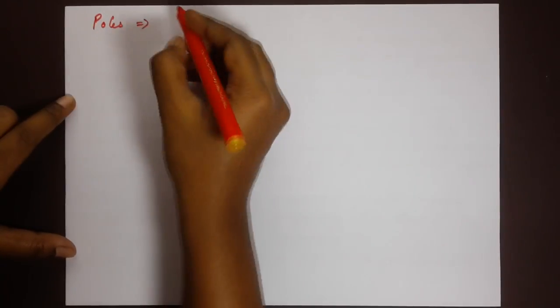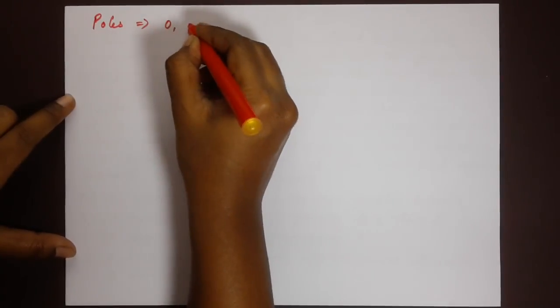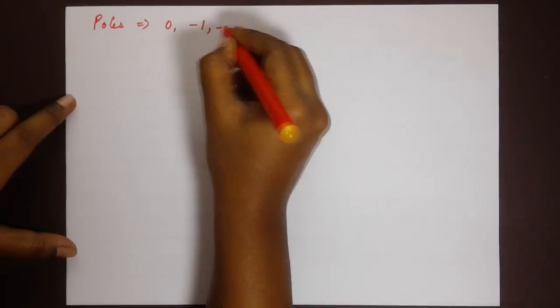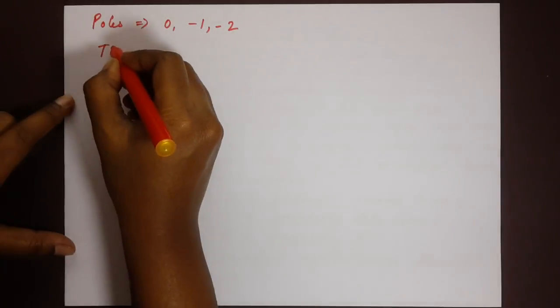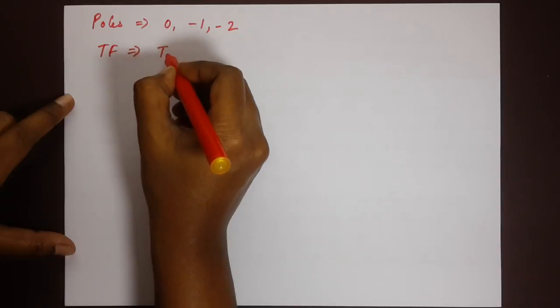Okay, so we have been given the poles. The poles are at 0, -1 and -2. Now you should know that the poles correspond to the factors that are in the denominator of the transfer function. So let's call this transfer function T1.